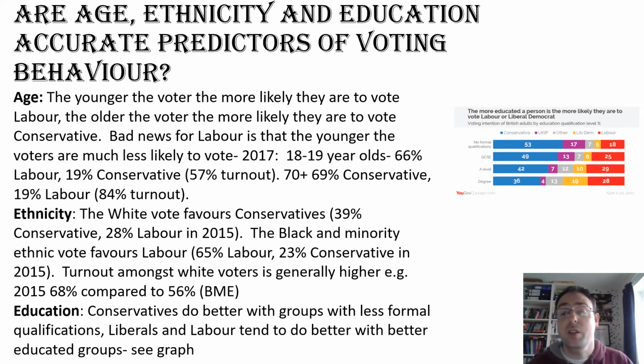Now, this could be connected to a number of issues. So this might be connected to issues such as Brexit. It might also potentially be connected to some of the other statistics we've looked at. If you look at, for example, the percentage of people going to university, this has risen dramatically over recent decades.